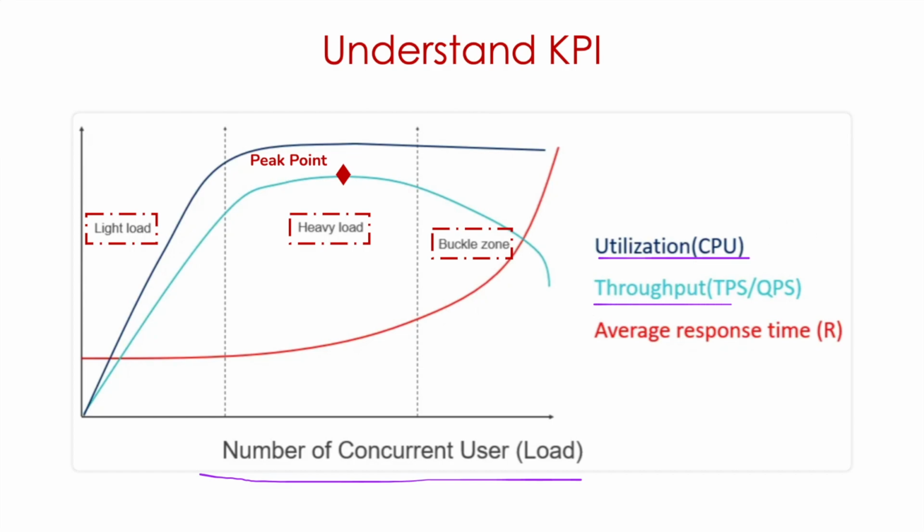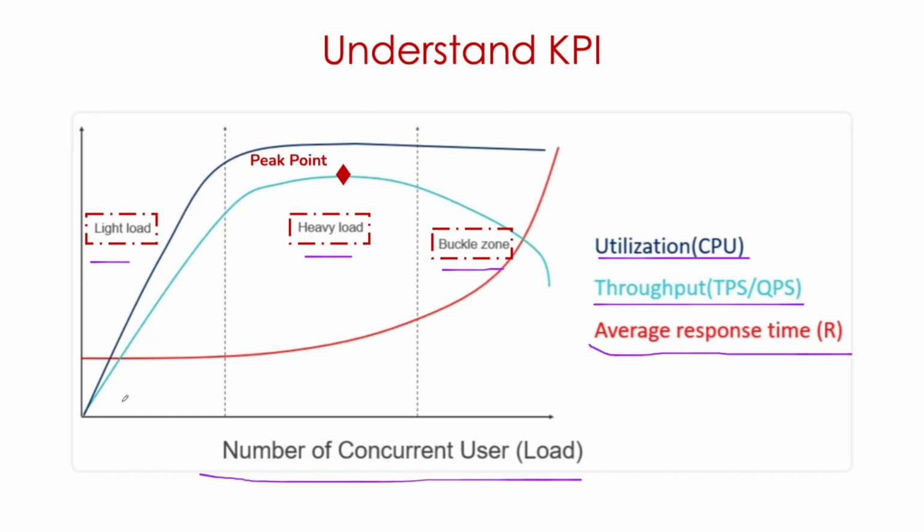And the throughput TPS QPS and the average response times show you the trend of the KPIs along with the number of concurrent users. So we have 3 zones in terms of different system load: the light load, the heavy load, and the buckle zone.